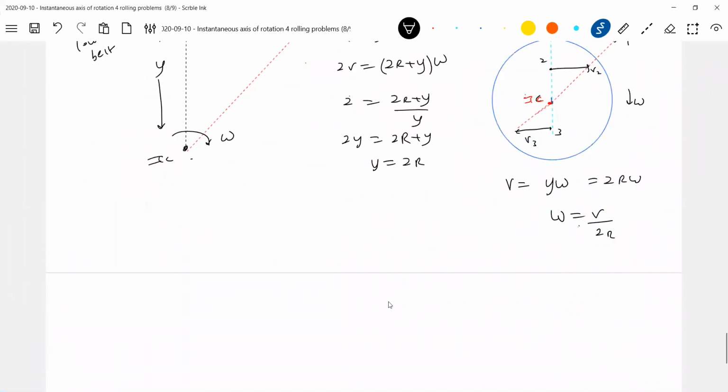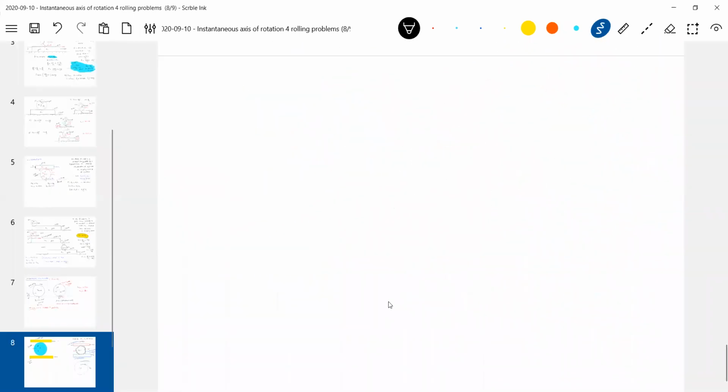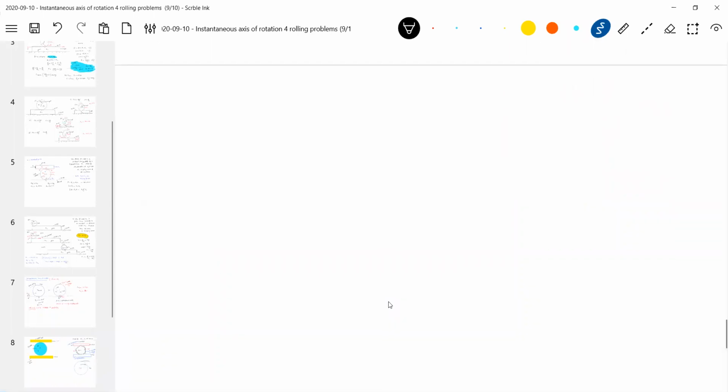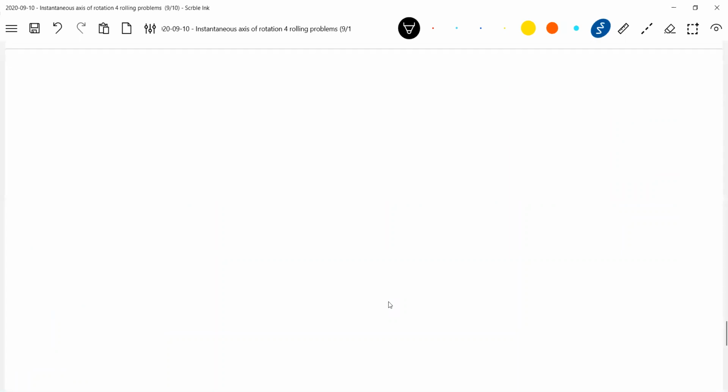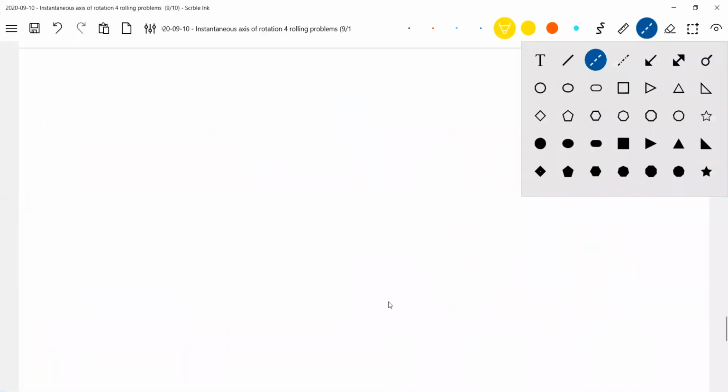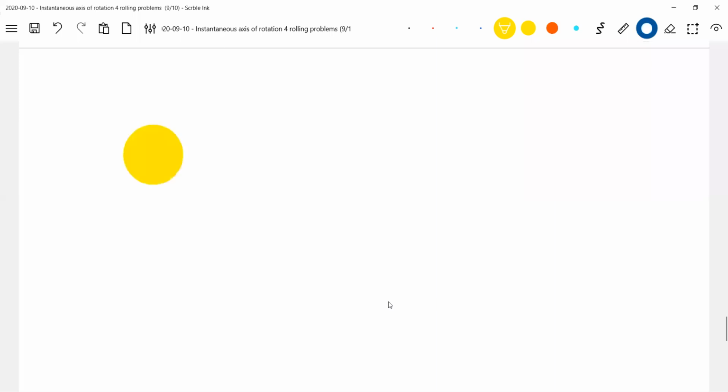So I located the instantaneous center. Let me bring it here. So this was the rigid body. What was the color?